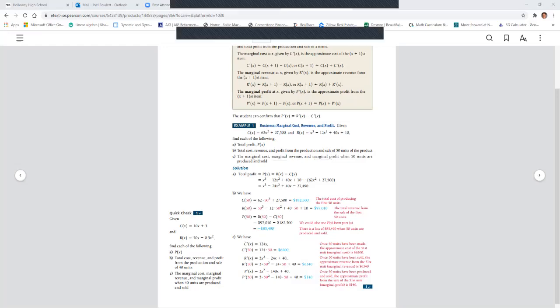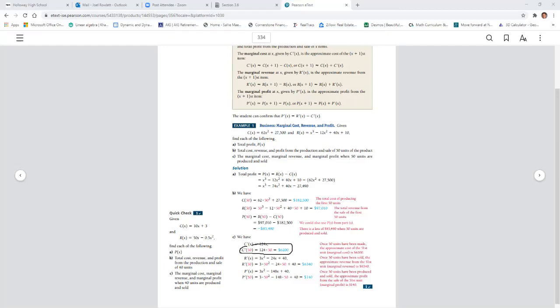So once you take the derivative, just plug in 50 for x, and you will see that the marginal cost is 62,000. What does that mean? It means that once 50 units have been made, the approximate cost of the 51st unit is going to be $6,200. So it's going to cost you $6,200 to make that 51st item.